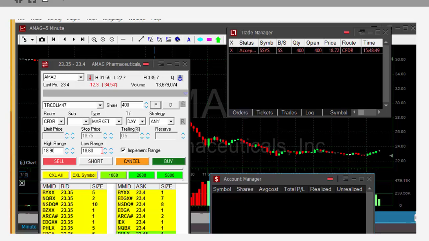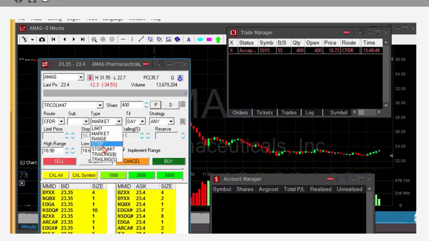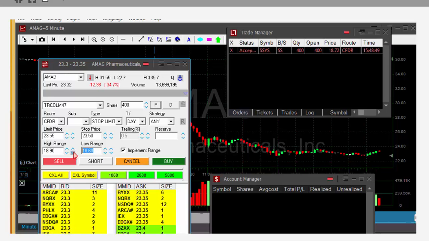Now I want to go long, limit order. I'm going to use a stop limit order to go long at, in this case, 23.50, and not more than 23.55. And I'm going to use a range.